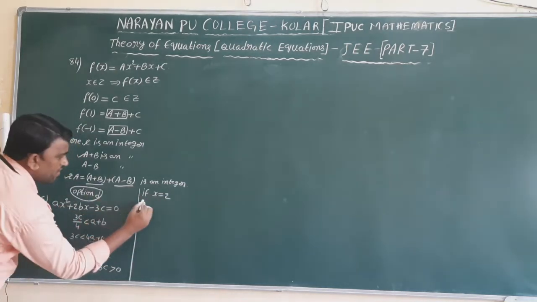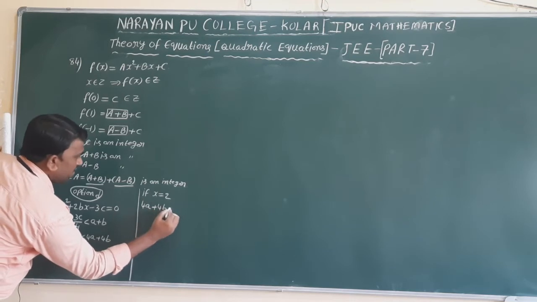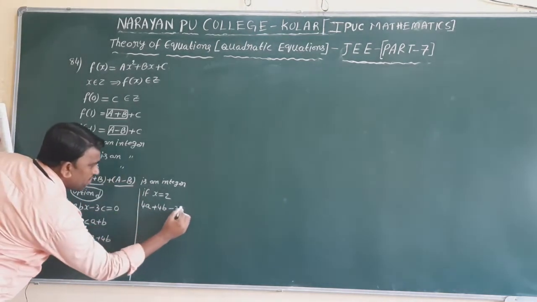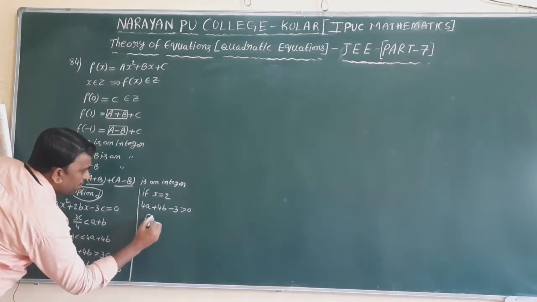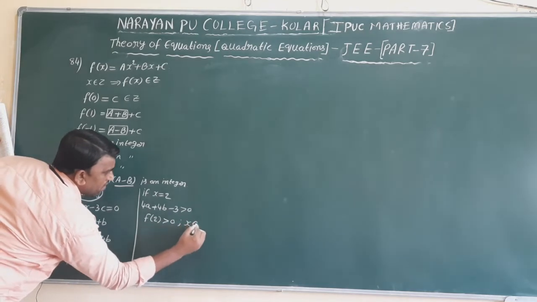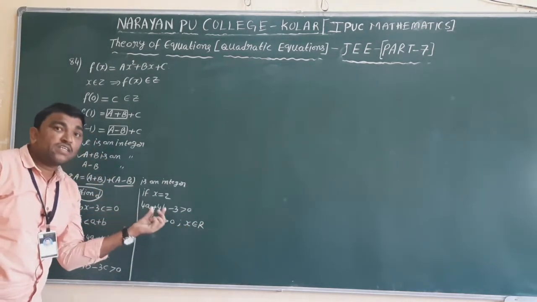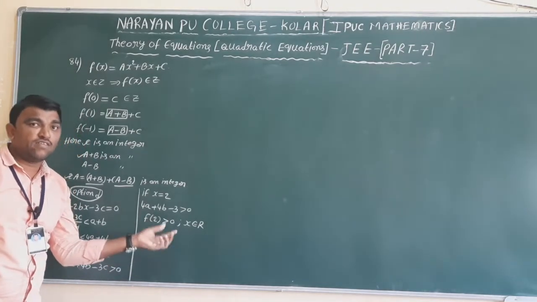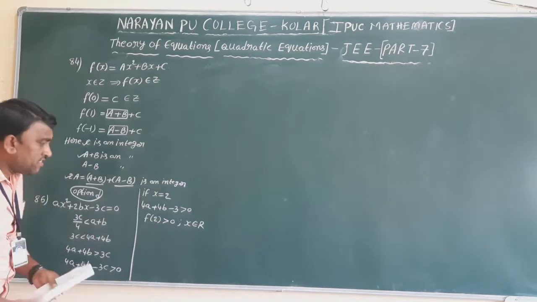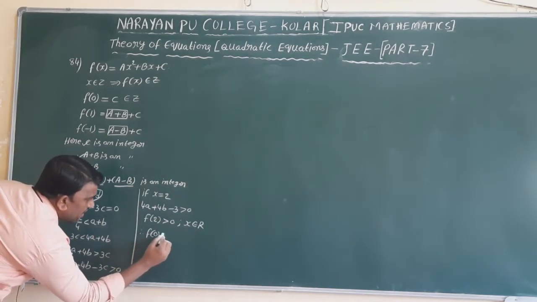So what can we get? 4a plus 4b minus 3c, that means f of 2, is greater than 0. f of x is greater than 0 for x belongs to R. For any real number the function is greater than 0, so when x is equal to 0 also the function is greater than 0. So therefore f of 0 is also greater than or equal to 0.